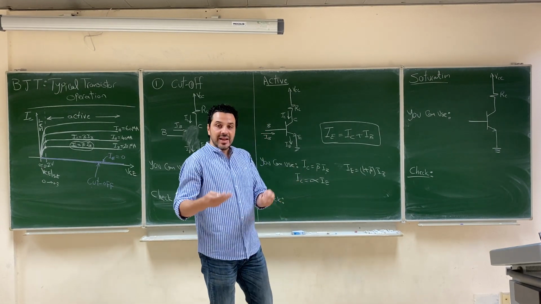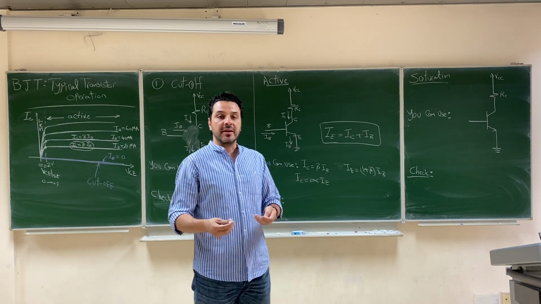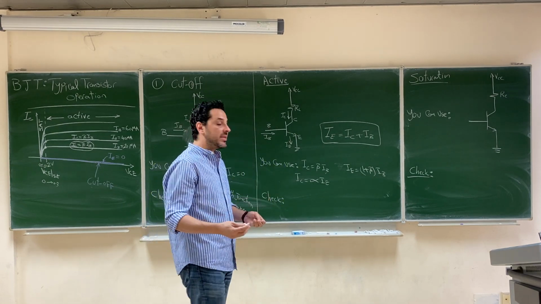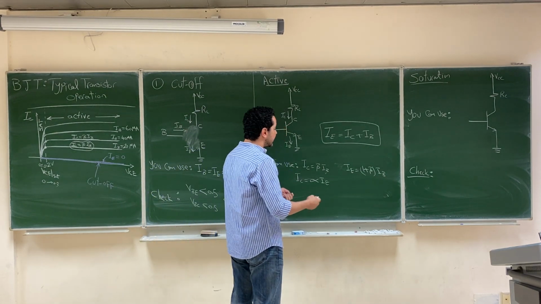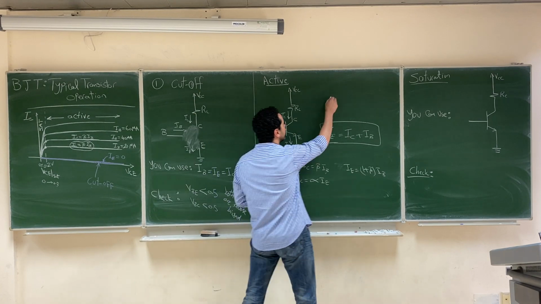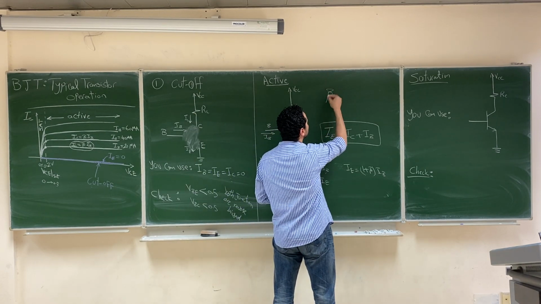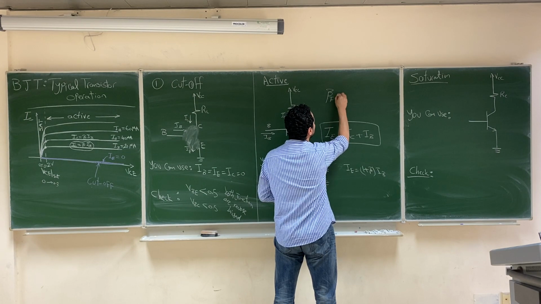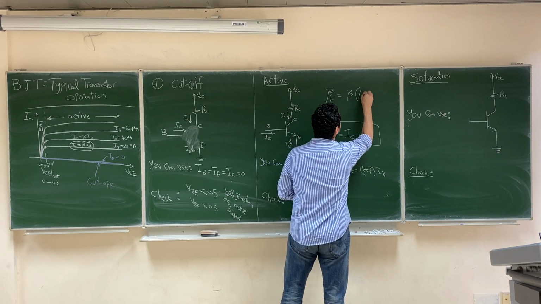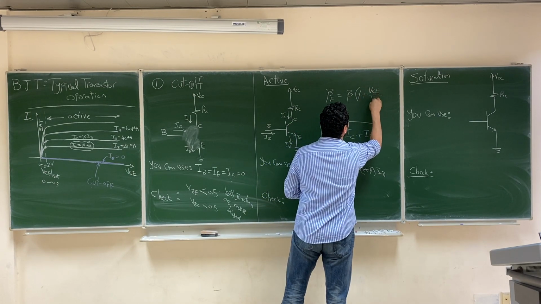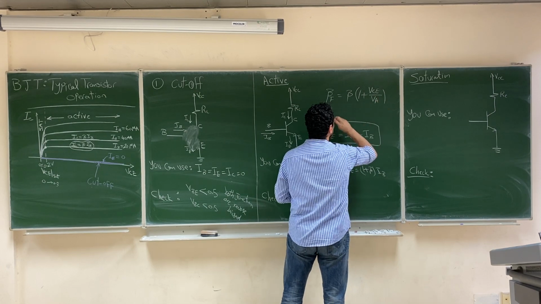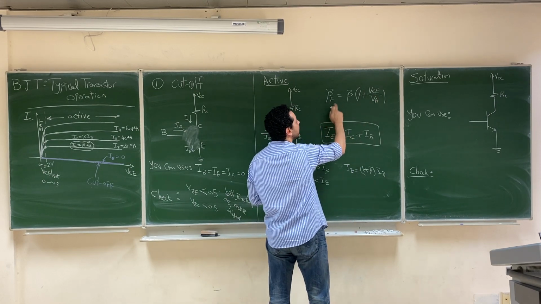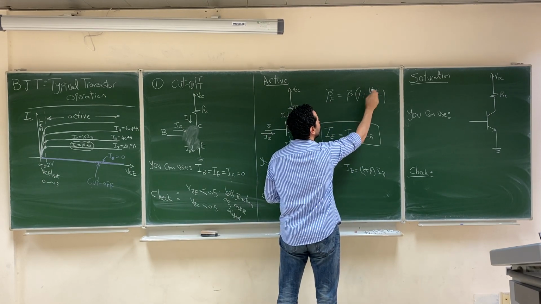Except that if I tell you that there is an early effect in the transistor, which we explained before, then you can adjust the beta to be beta multiplied by (1 plus VCE over the early voltage). In this case, beta will be dependent on the value of VCE.